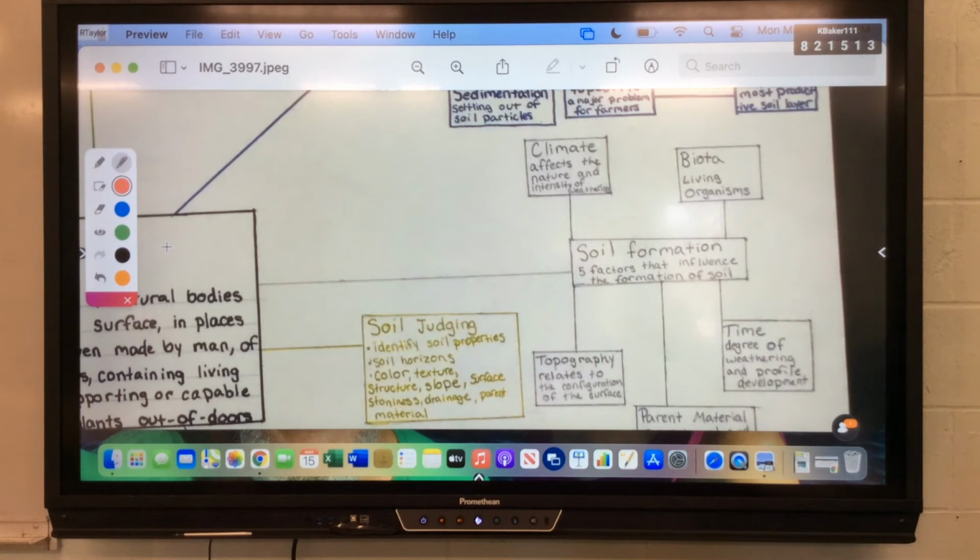Are you in a warm climate or a cold climate? Are you in a wet climate or a dry climate? So if you live in Maine, would you consider Maine to be relatively wet or relatively dry? Owen? Wet.